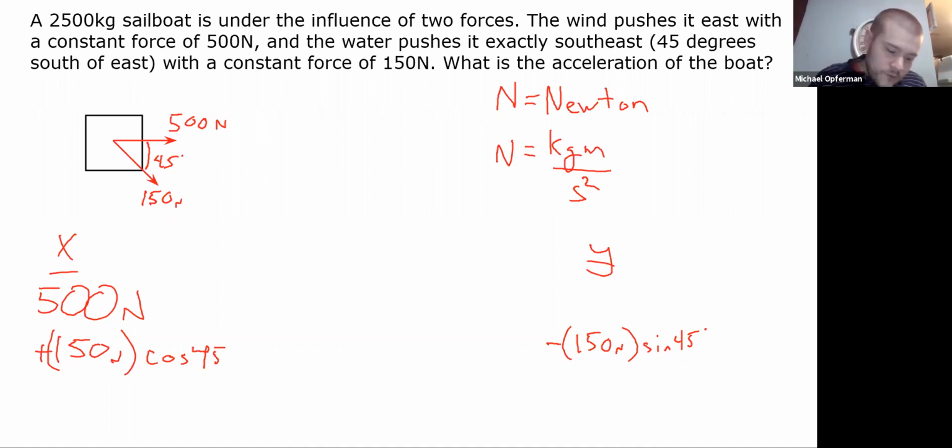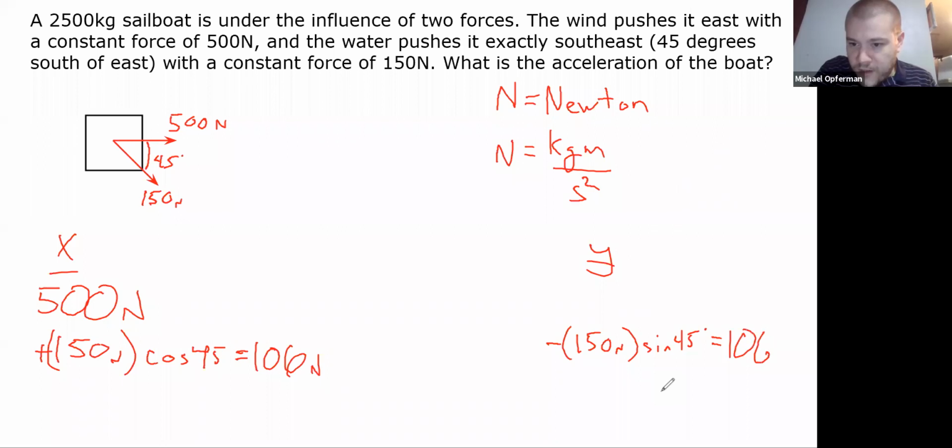The next thing I do, actually, let me crunch the numbers really quickly first. Cosine of 45 times 150 is 106. So this will be positive 106. And this one here is 106 newtons in the negative direction.